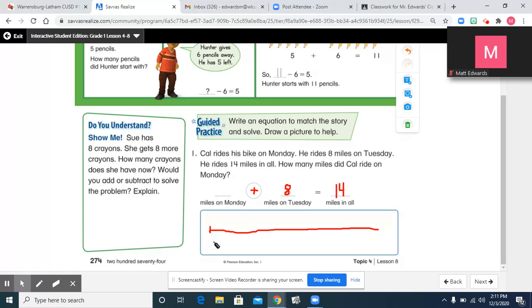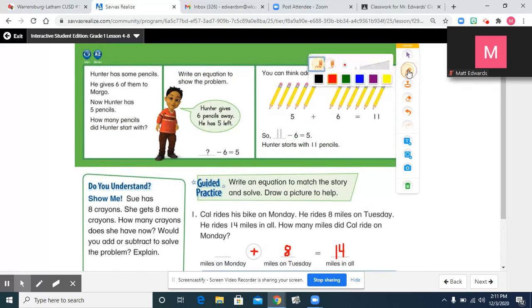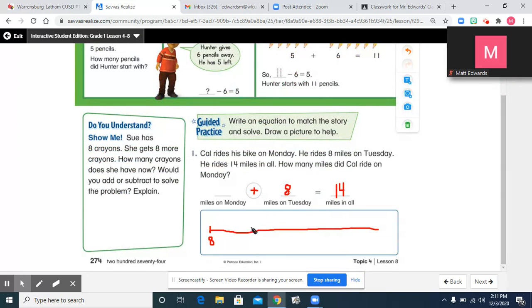And I'm going to start at 8. And I need to get to 14. Okay? So what I'm going to do is I'm going to take hops until I get to 14, starting at 8. Okay? So this would be 8. This would be 9. Another hop is 10.